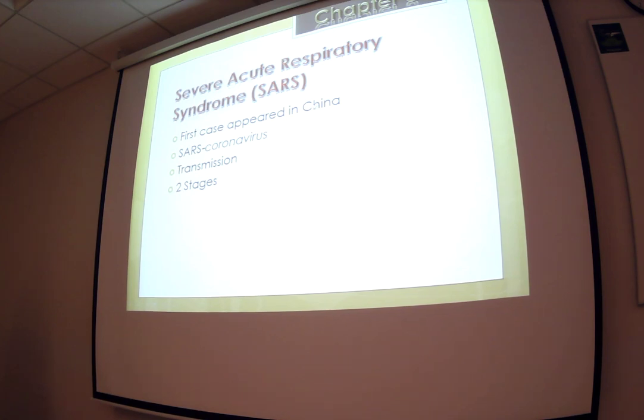It is very similar to pneumonia. And there are typically two stages. There's the beginning stage where it's just very mild symptoms, fever, slight cough. And then the second stage is where it progresses to a full-on pneumonia where they will need ventilation.